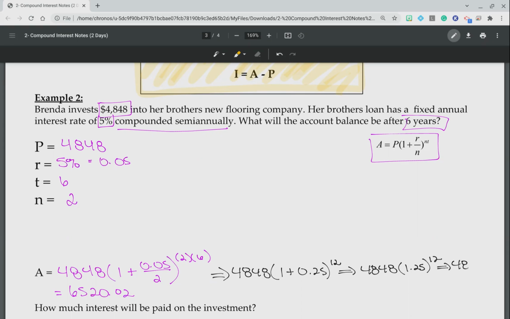And then I get 48 times 1.34. Multiply those together, and I should get about the same thing.